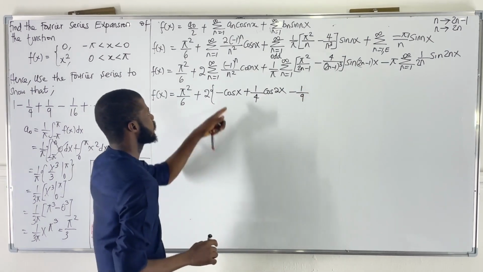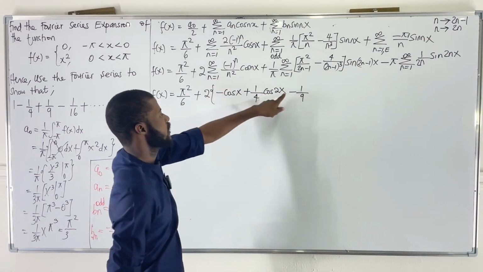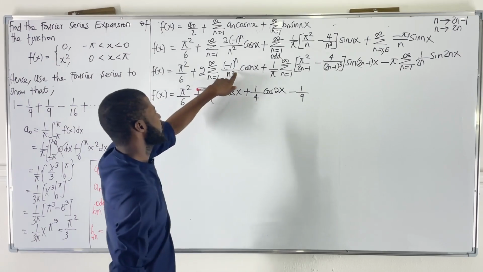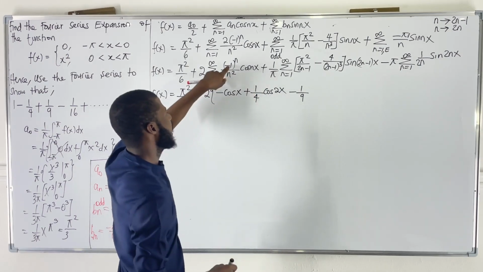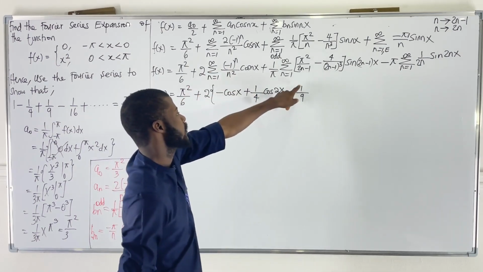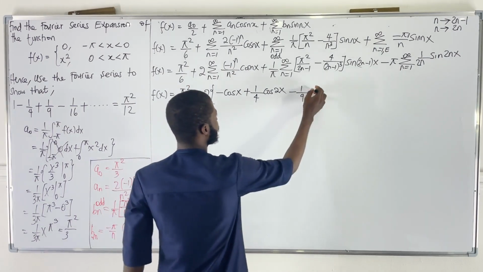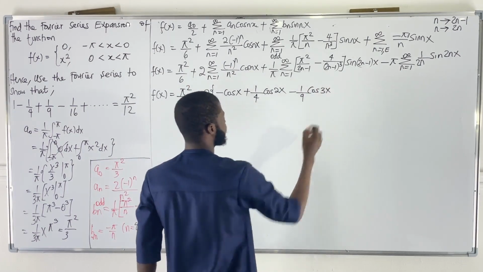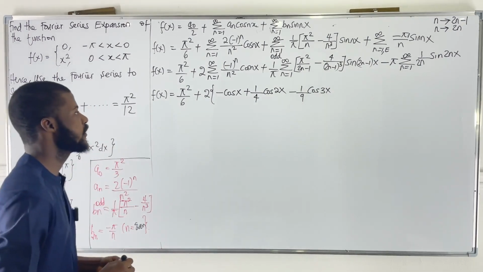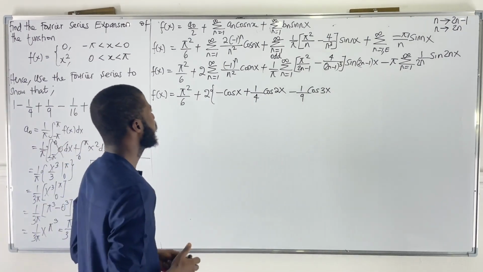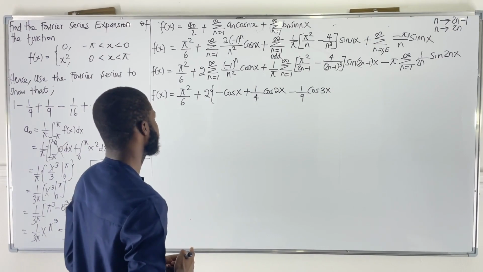Let me explain. Minus 1 cubed is minus 1. Then 3 squared is 9, because anywhere we see n, we're putting 3. That's minus 1 over 9. And then this will be cos 3x. That's what we have, cos 3x. Okay, let's proceed.